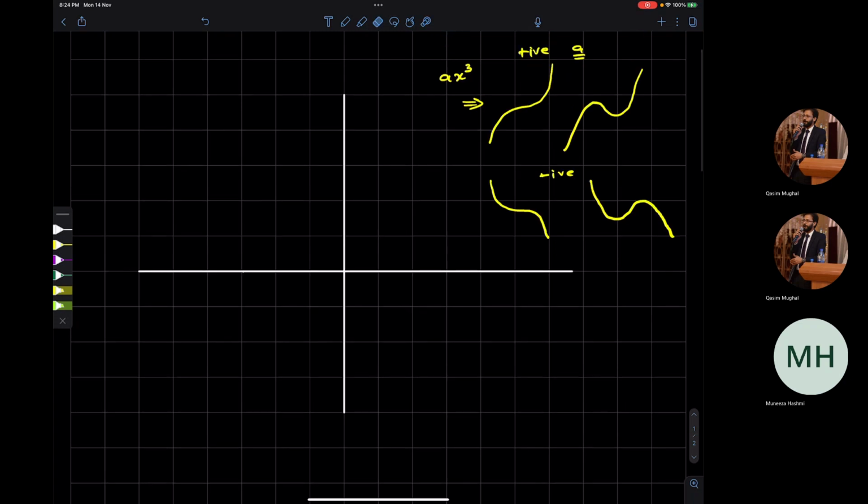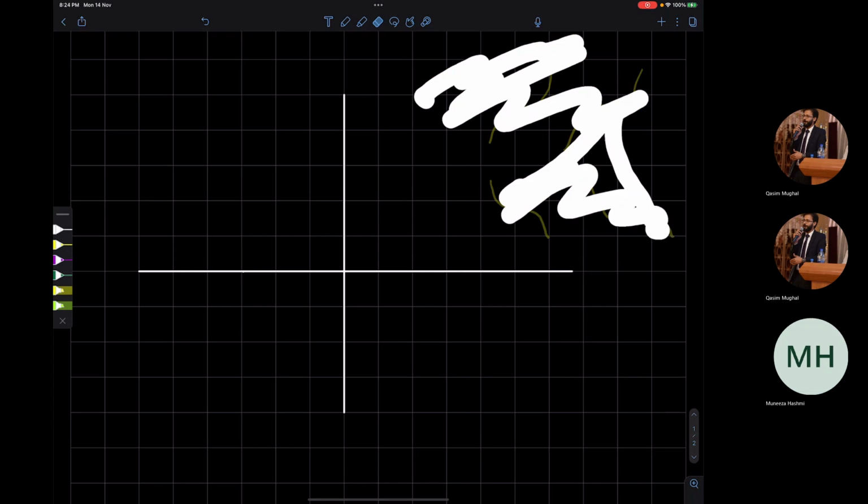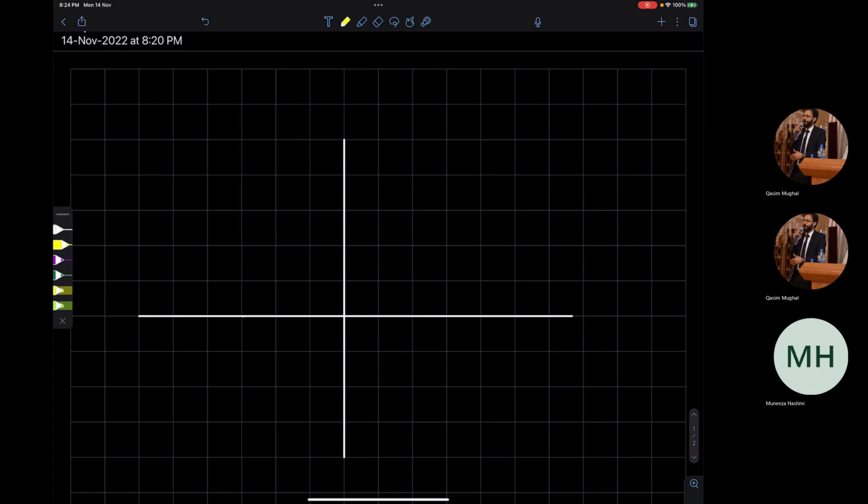Now I'll be continuing with how to draw a rough sketch of it. For example, if you're provided with a cubic equation and you have factors as x into x minus 1 into x plus 3, then it is exactly the same as a quadratic one.